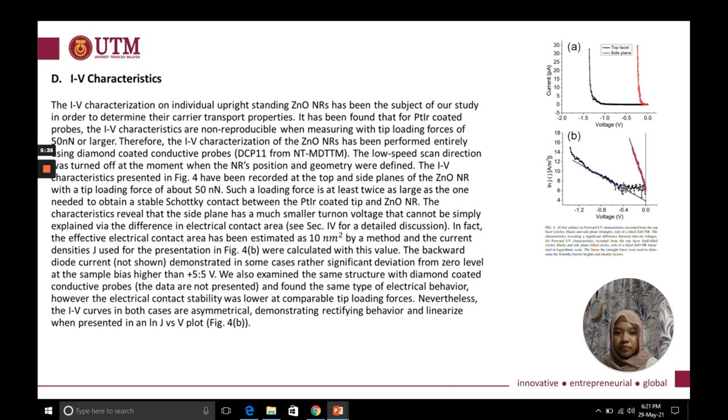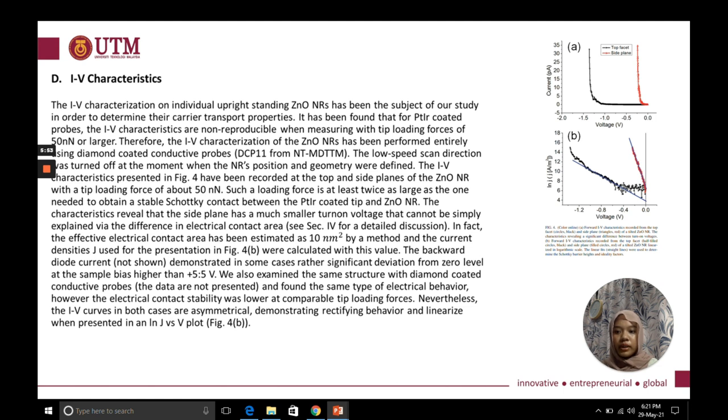Then, in fact, the effective electrical contact area has been estimated by a method, and the current densities J used for the presentation in figure 4b were calculated with this value.